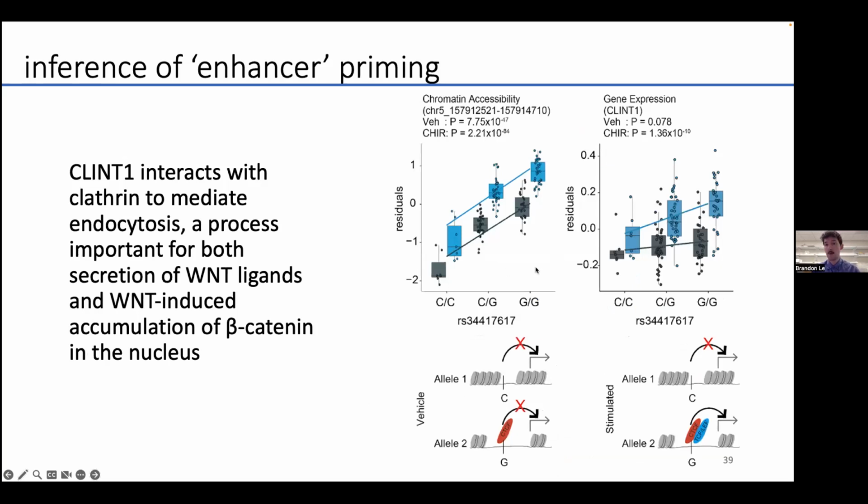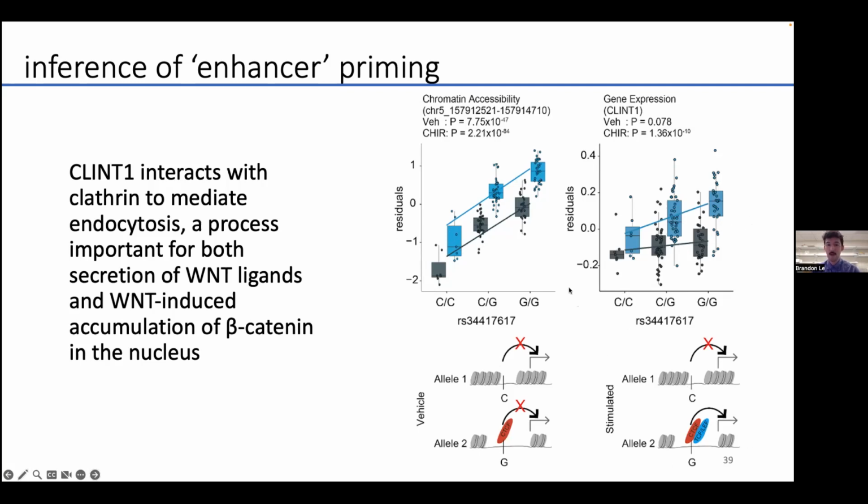So we can plot genetic effects on chromatin and gene expression for this lead variant at the CLINT1 locus. Here we see that in both the baseline state in gray and the Wnt-stimulated state in blue, we see genetic effects on chromatin accessibility, and we see this change of slope in the effect on gene expression.